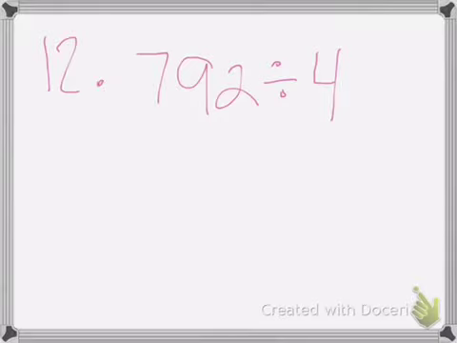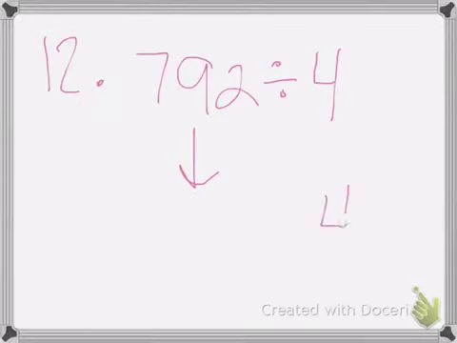All right, so we have 792 divided by 4. No multiplication facts, we cannot take 4 and times it by anything to get 79. So that's when we know we have to use estimation and compatible numbers. So I would have to ask myself first, what do I change 792 into?